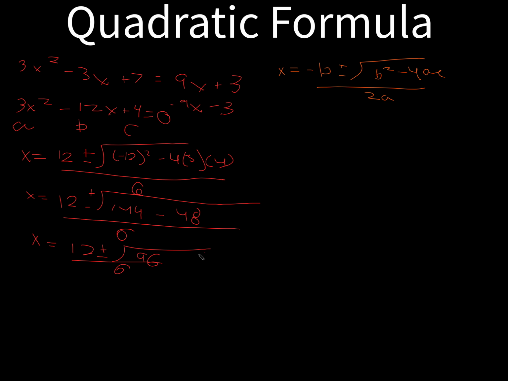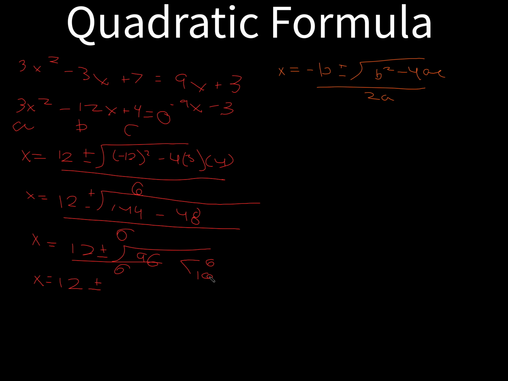Luckily, we're able to break 96 into a perfect square. So now I'm taking a 16 and a 6. These two factors multiply together to get 96. So we'll keep our 12 and our plus or minus.